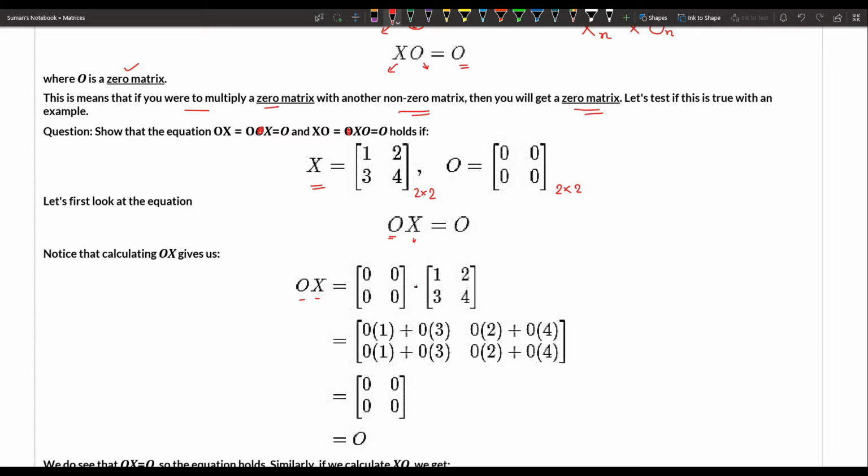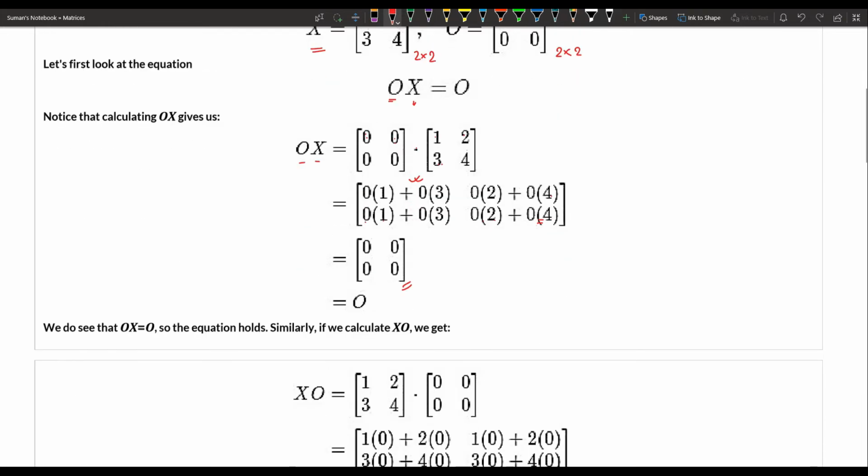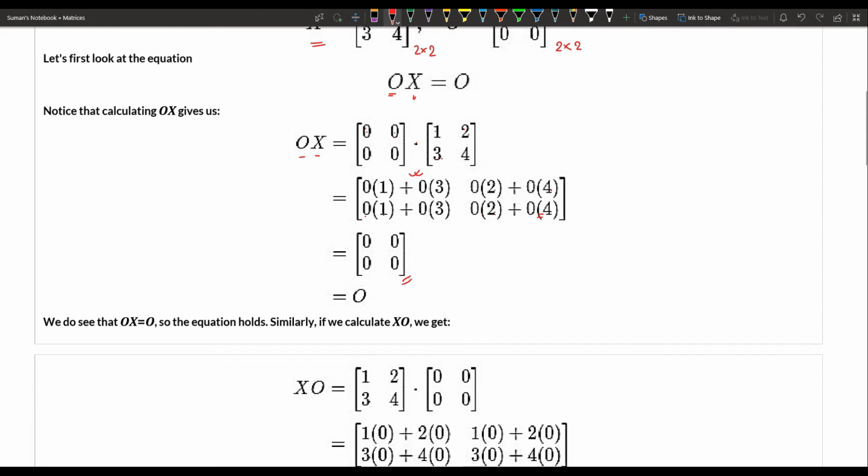According to the properties of matrix multiplication, we multiply 0 with 1 and 0 with 3, that is our first element. Then 0 with 2 and 0 with 4. Then the second row, 0 with 1 and 0 with 3, and then 0 with 2 and 0 with 4. As we get the result 0, 0, 0, 0, that is a null matrix.